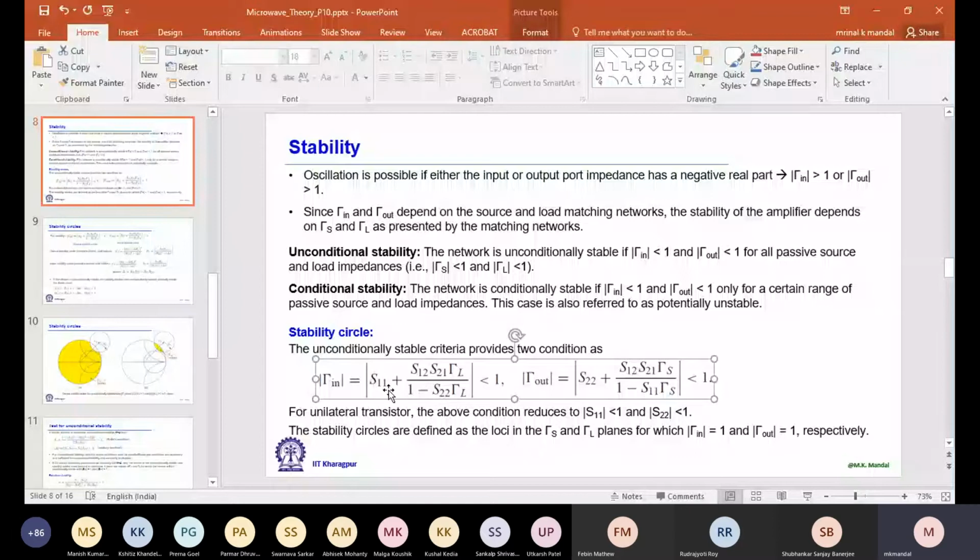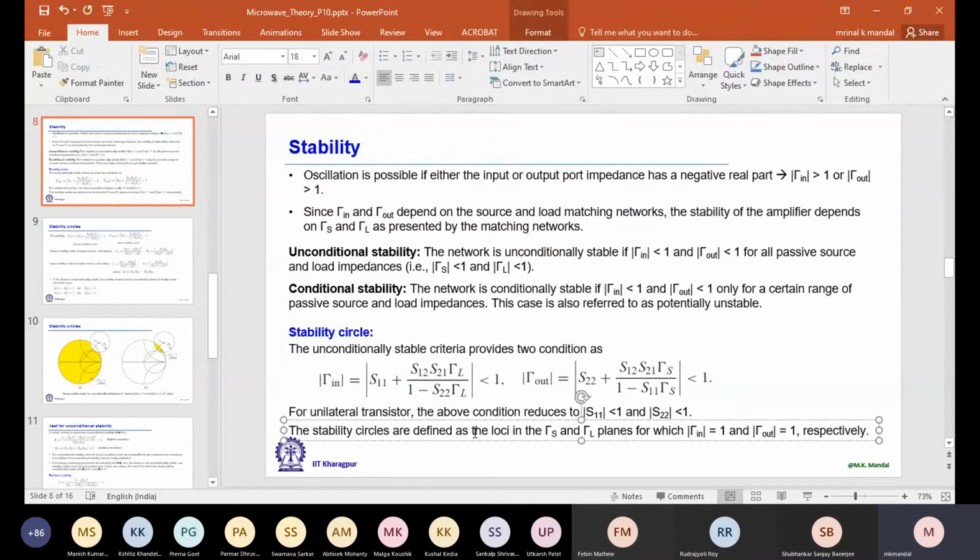Then the magnitudes of S11 and S22 should be less than 1. How do we draw it on the Smith chart? We can draw stability circles, defined by the loci in the gamma S and gamma L planes. Gamma S is represented in one Smith chart and gamma L in another Smith chart. We are varying gamma S and gamma L over all the possible ranges.